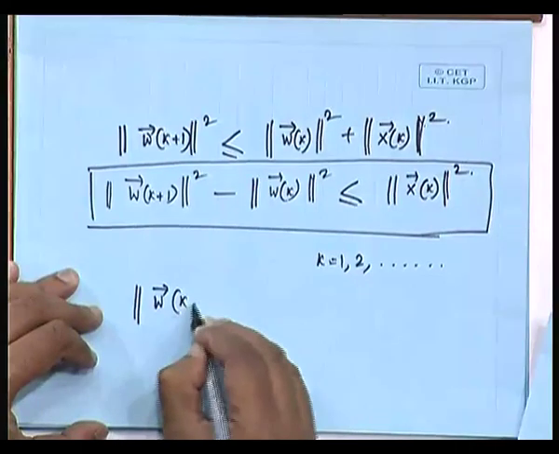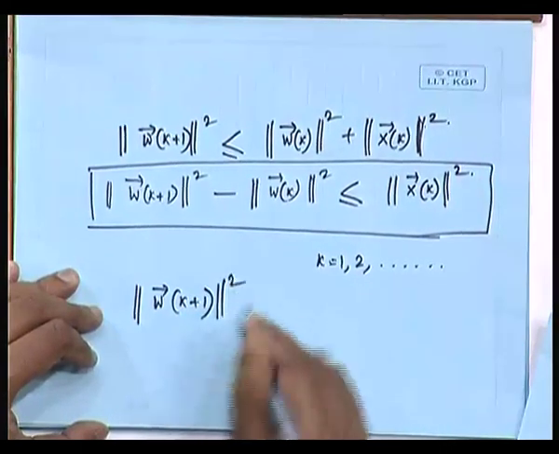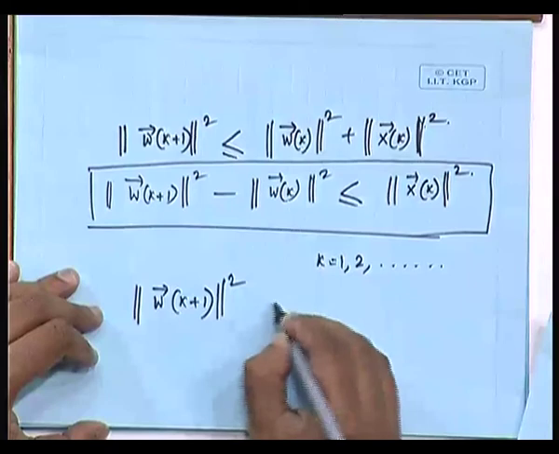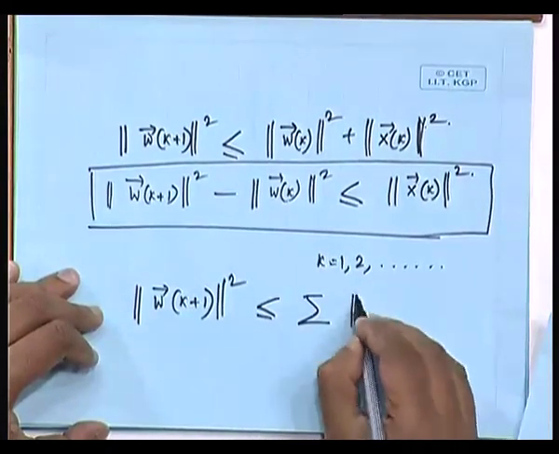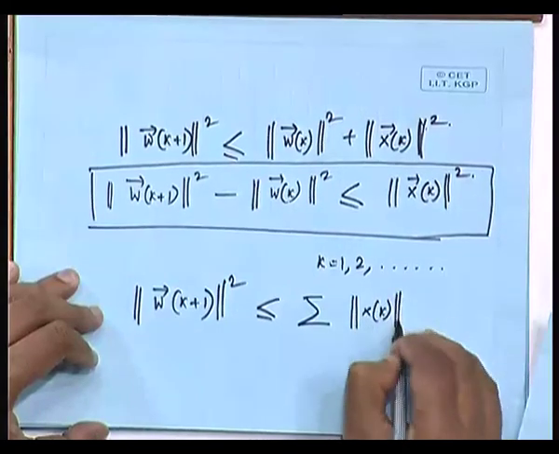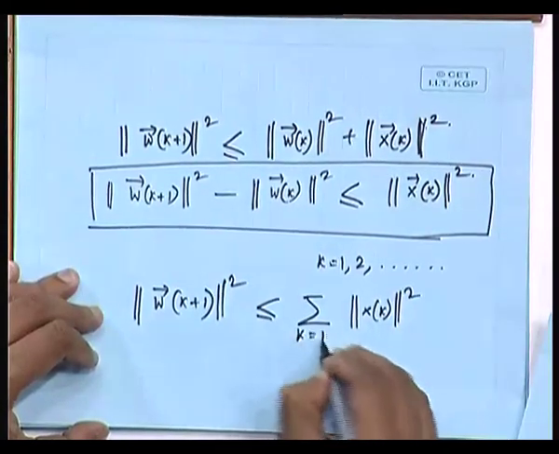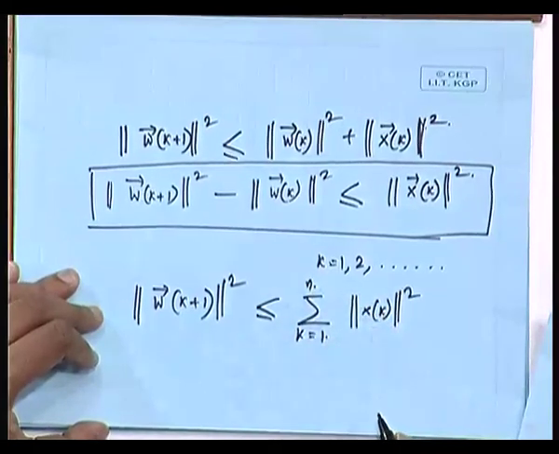And if you are taking initial weight assumption W0 is equal to 0, then finally if we go on iterating this, Wk plus 1 square should be less than or equal to summation of xk square, where we sum up for k is equal to 1 to n.